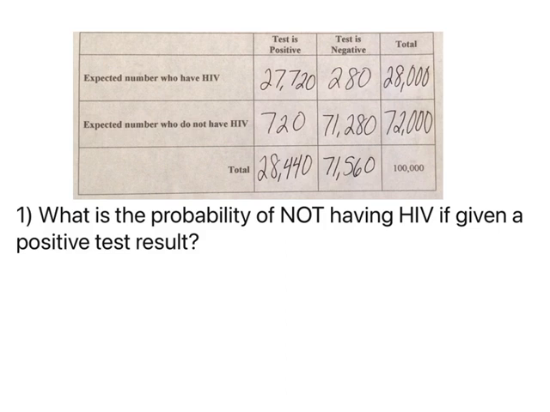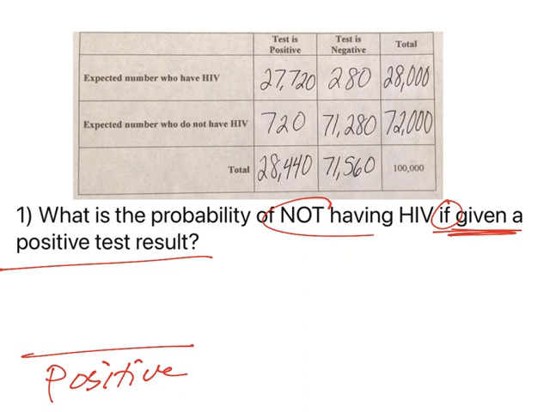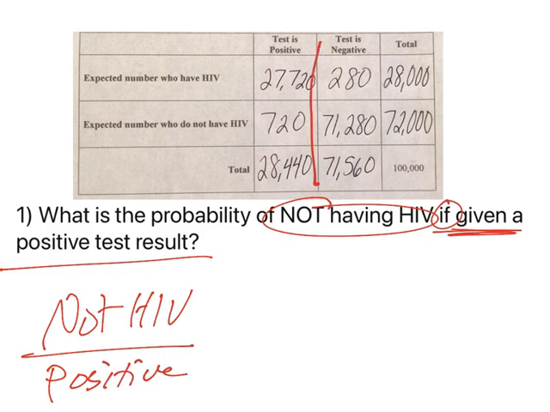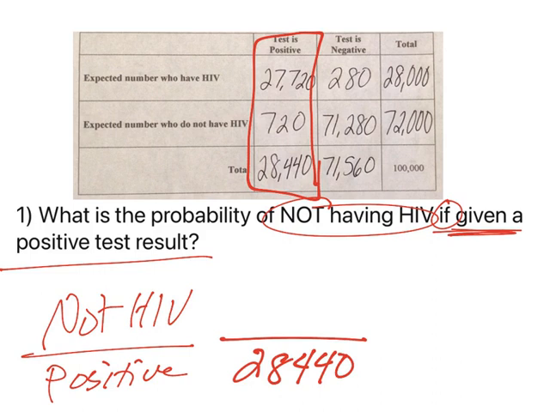So what is the probability of not having HIV if given a positive test result? Okay, so that means I'm only looking at positive results and not having HIV. Okay, well, if I'm looking at positive test results, that means my denominator is 28,440 and not HIV is 720.